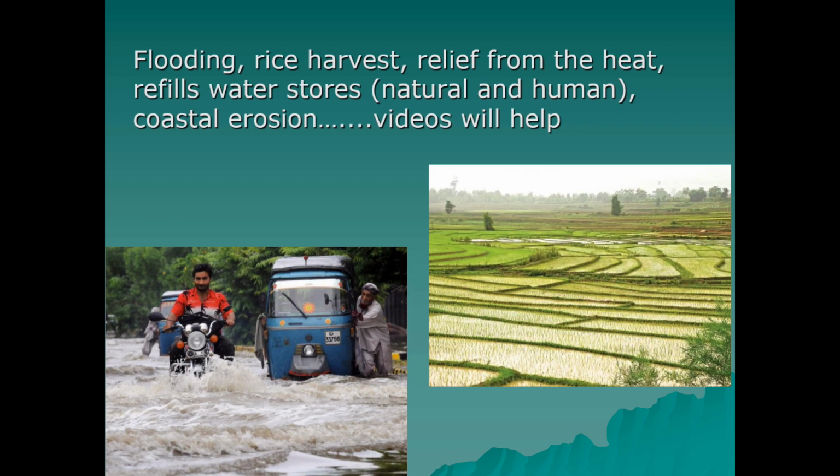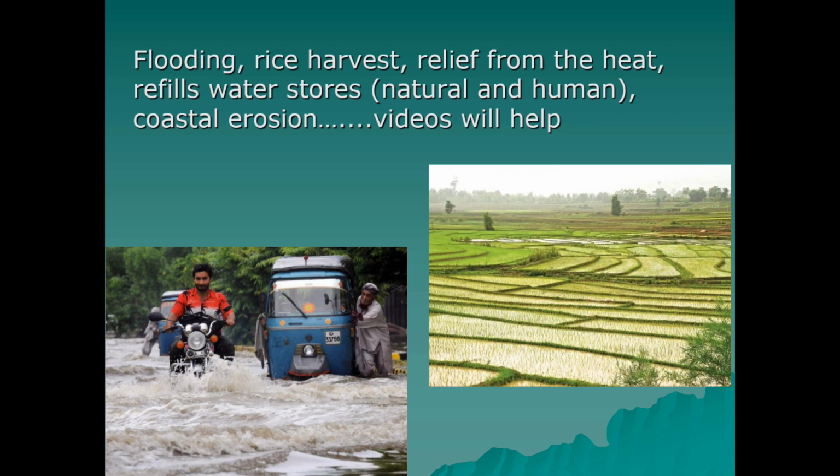It's super important for the rice harvest, and you could have a little synoptic link here to the primary sector, of which India has a huge percentage of people working as farmers and fishermen. But if the rice harvest didn't happen, that would cause massive impacts on the subcontinent of India.